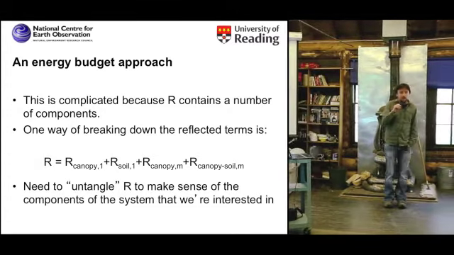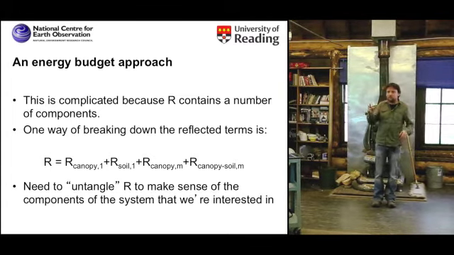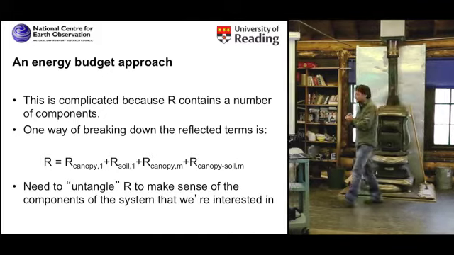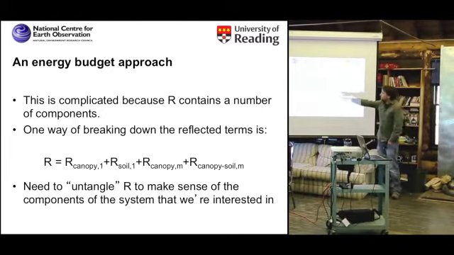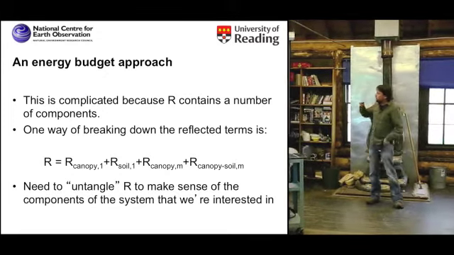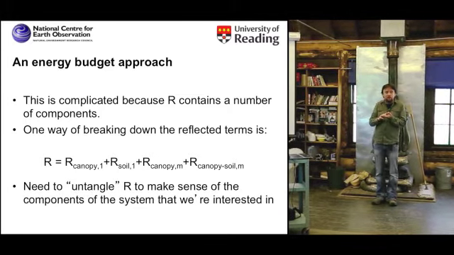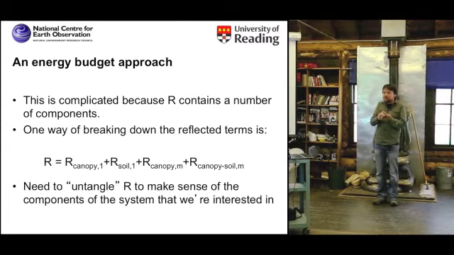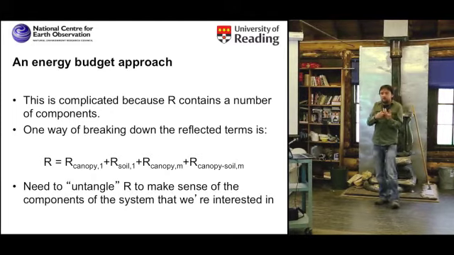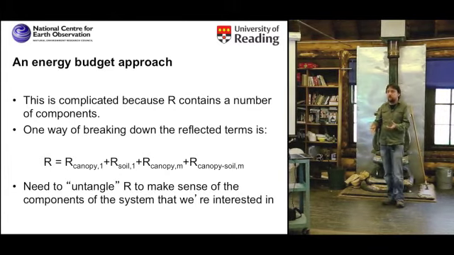One common way of breaking that down, and I'm going to stop being abstract in a moment so you can breathe a sigh of relief, is to consider the R term as the component that has a single interaction with the canopy, the component that has just a single interaction with the soil, the component which has multiple interactions with the canopy alone, and the component that has multiple interactions with all of the media, so the canopy and the soil.